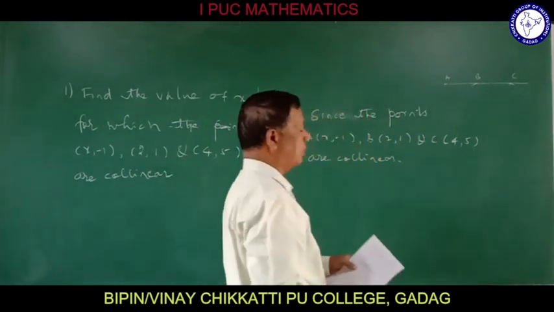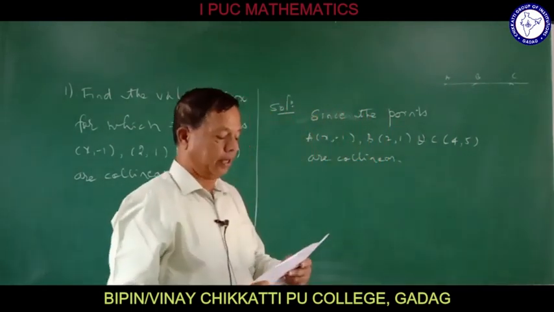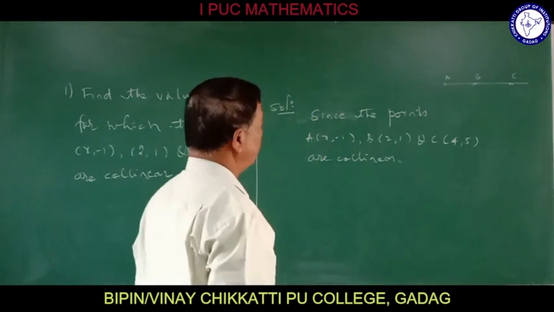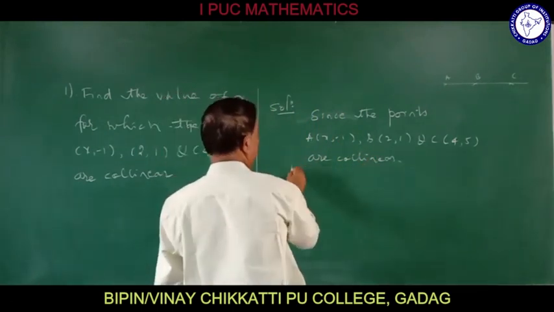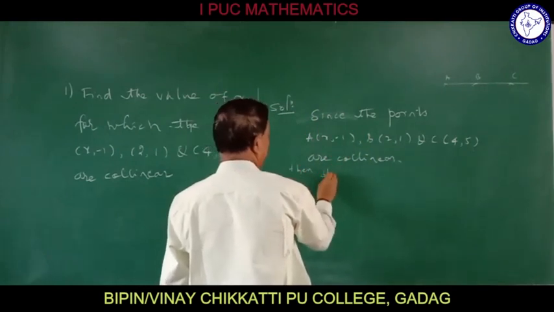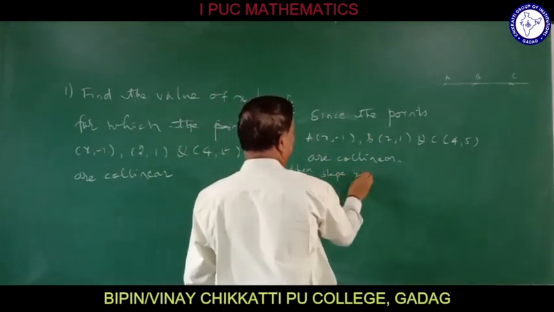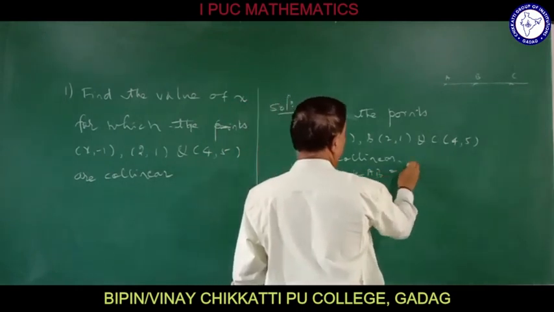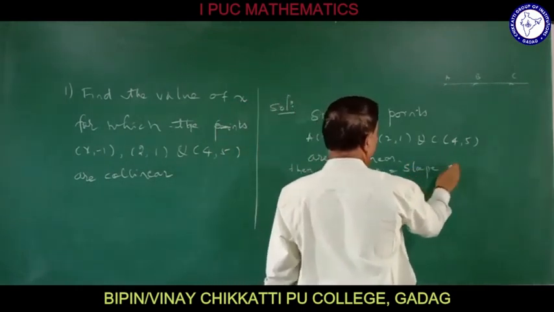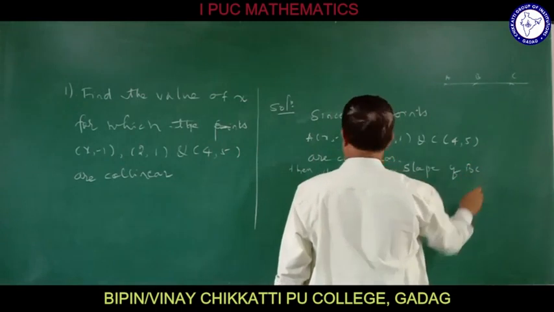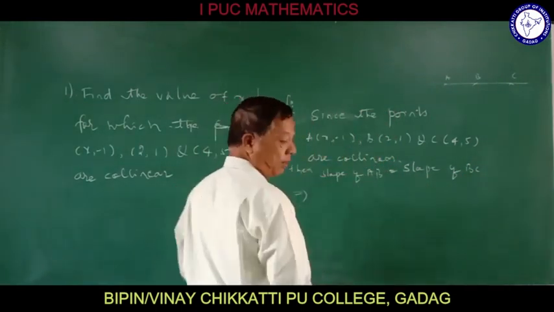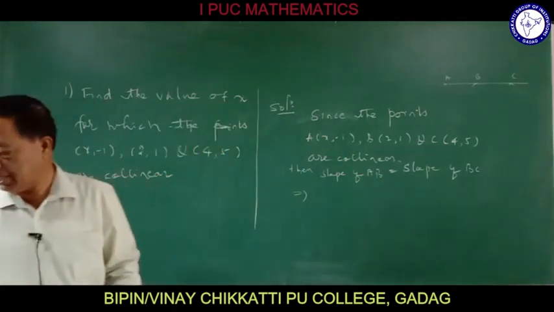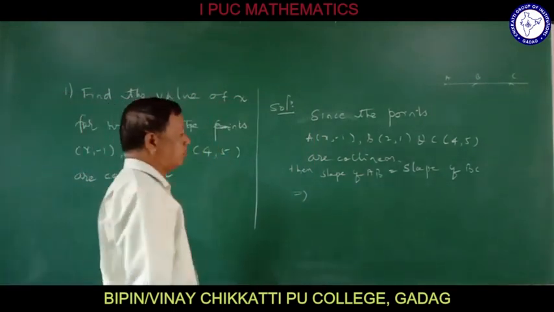Then it is understood that the points are collinear. So since they are collinear, the slope of AB is equal to the slope of BC, and this implies we can find the value of x.